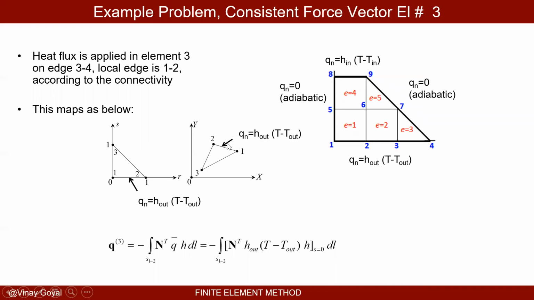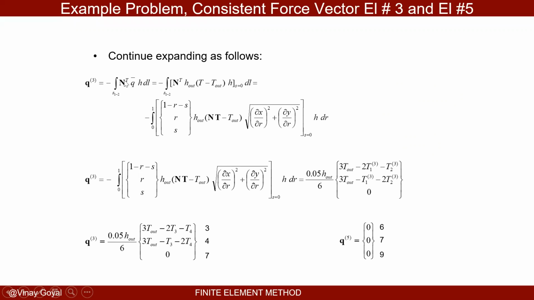So here's where the heat out is. That maps to this edge. Same approach now, but now the integral is along this edge. N bold is just this. These are the shape functions, N1, N2, and N3. H out is known. T is this N bold times T bold. That's the outside temperature.